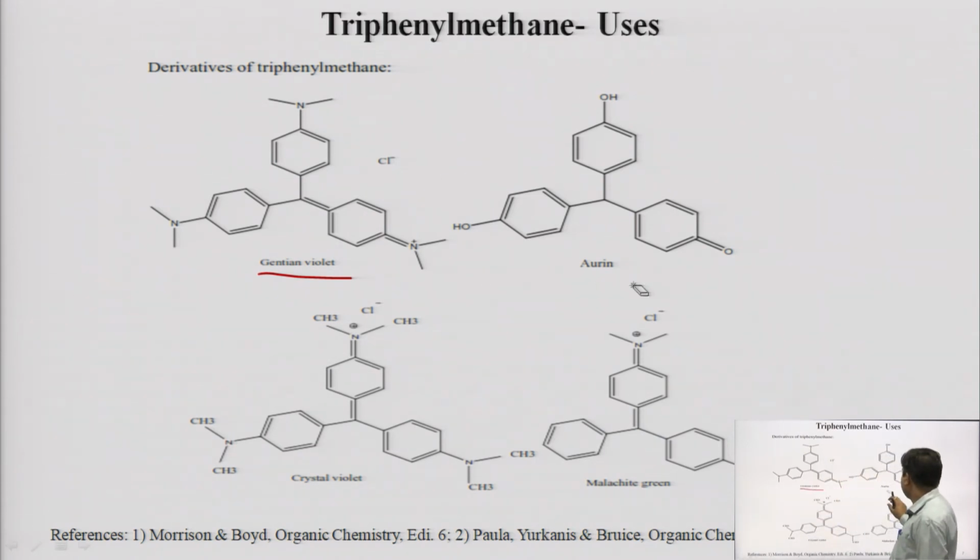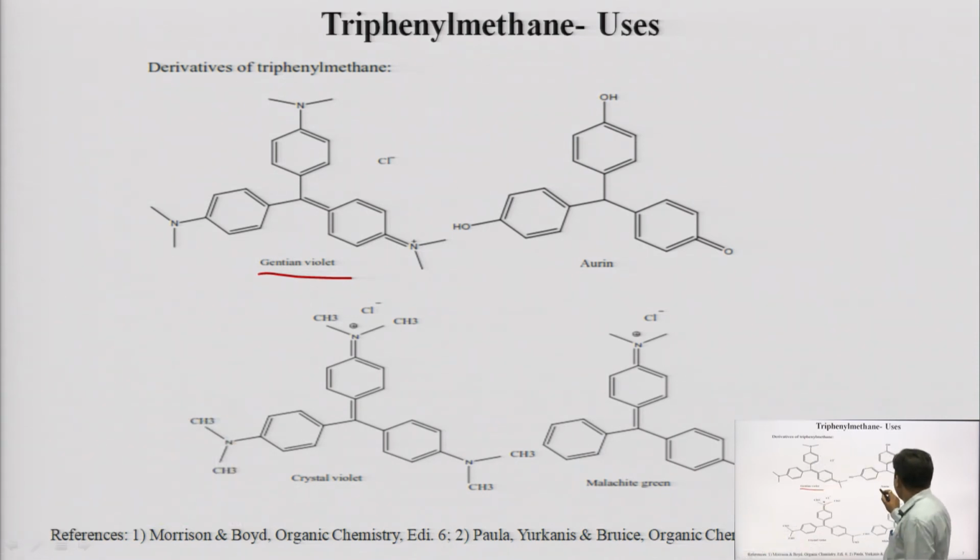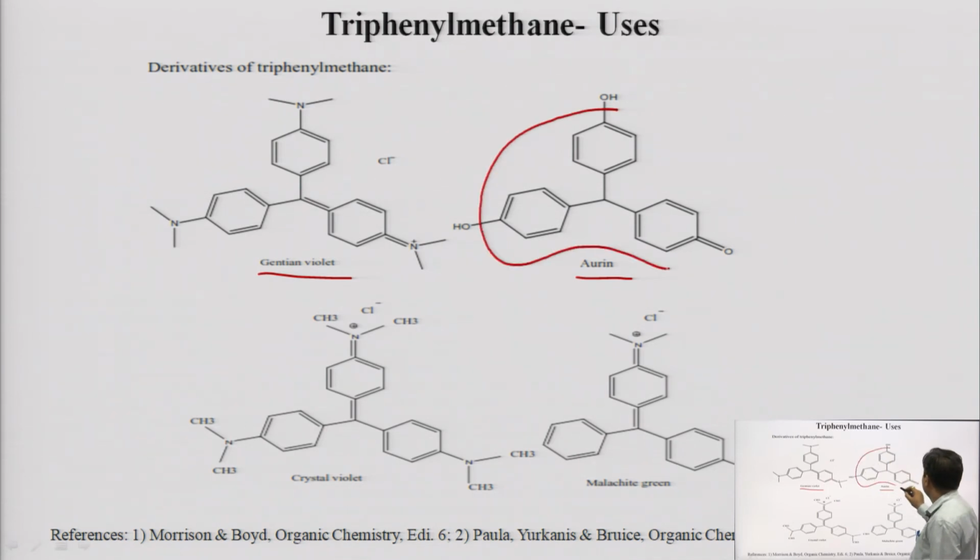Then another dye is aurin. Again you can see there the triphenyl methane structure or moiety is present in the structure of aurin dyes.